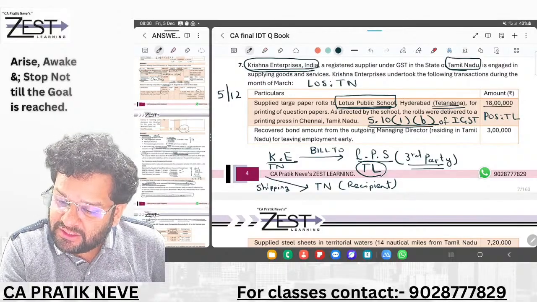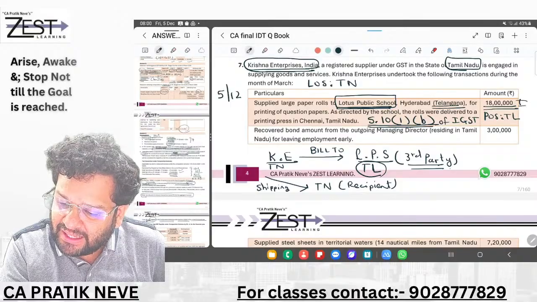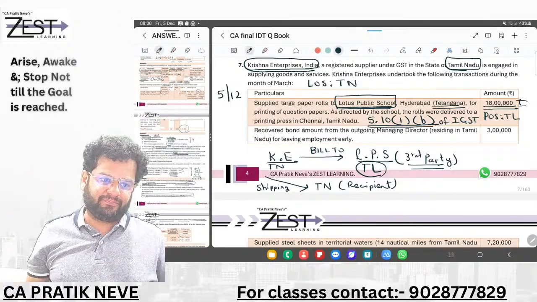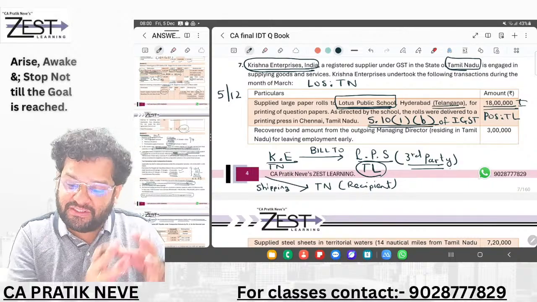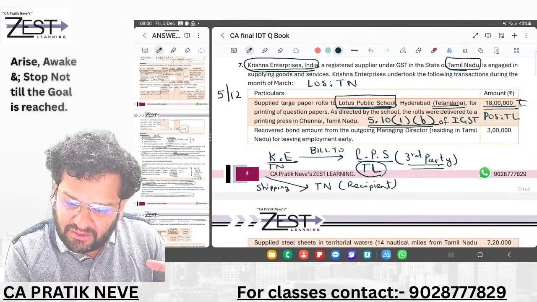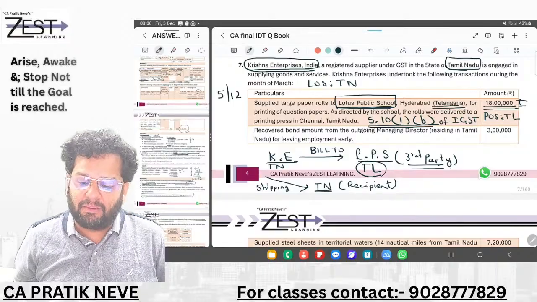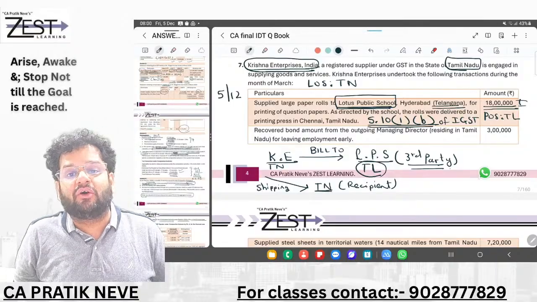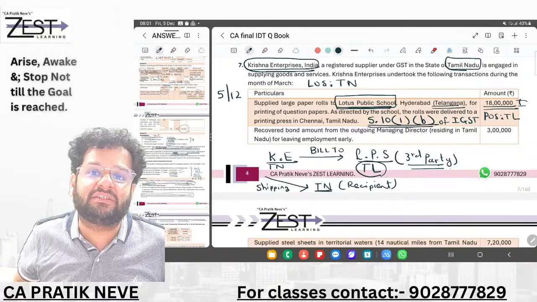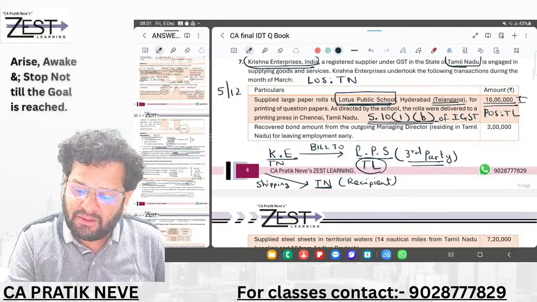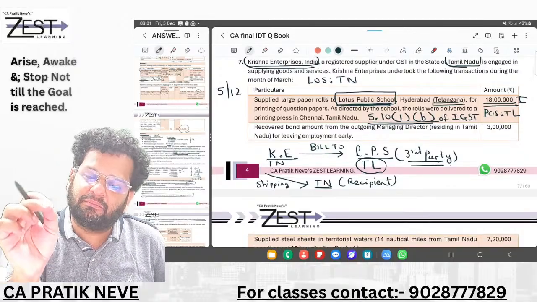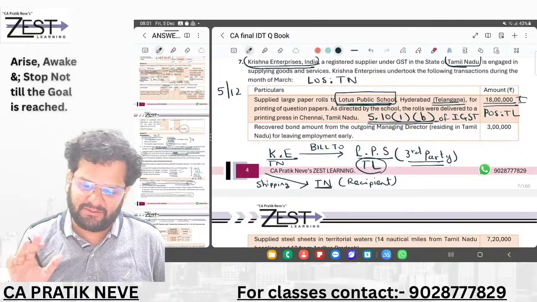So there will be IGST chargeable on this 18 lakhs. I hope all of you got it. Very nice point, because physically the goods are being delivered in Tamil Nadu itself, but I don't have to go for the location where physical delivery is happening. I have to go for the bill to ship to model, the third party's principal place of business.